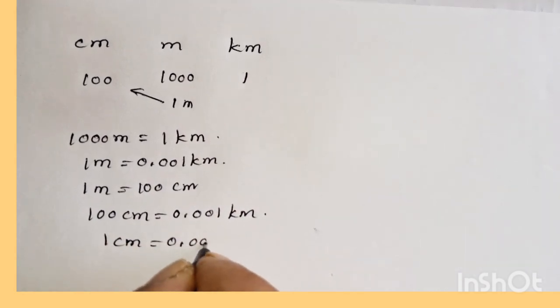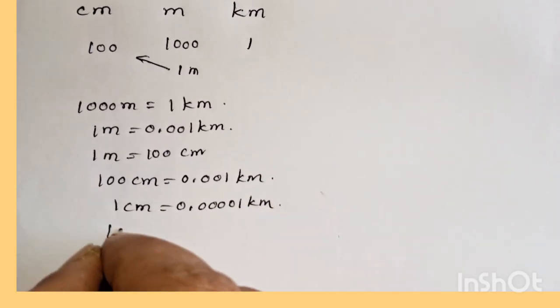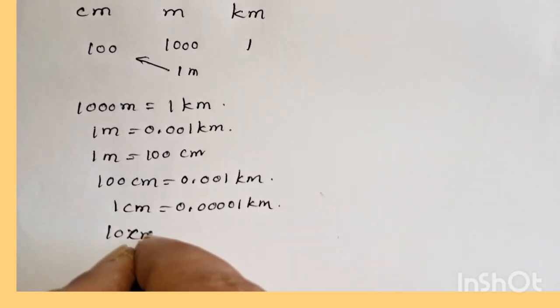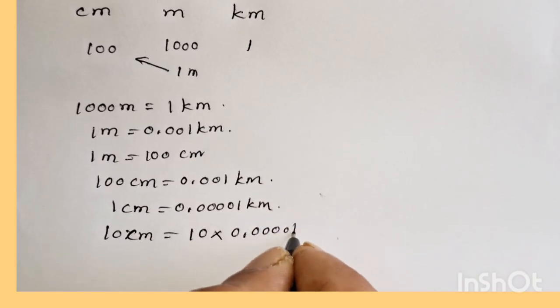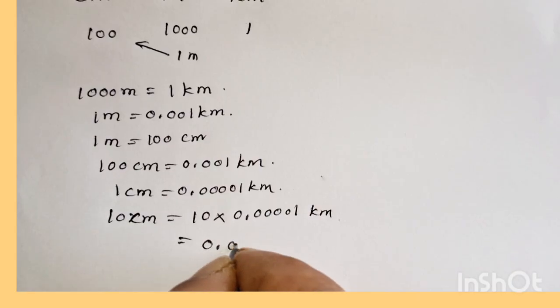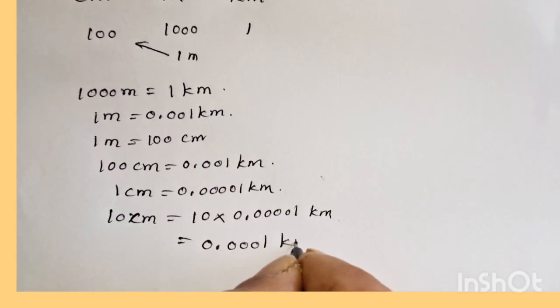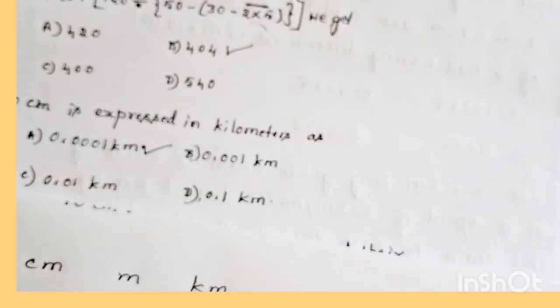Then 1 centimeter becomes 0.00001 kilometer, where 10 centimeters become 10 multiplied by 0.00001 kilometer, that is equal to 0.0001 kilometers. So correct option is A, 0.0001 kilometers.